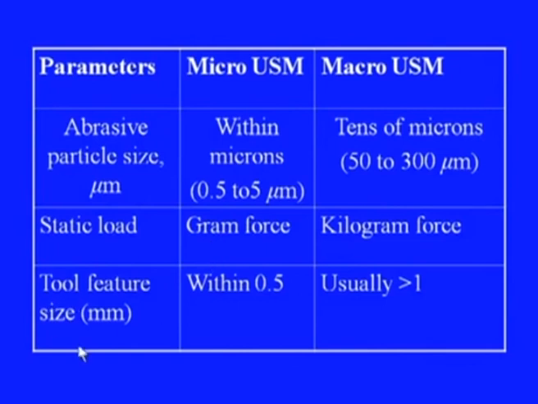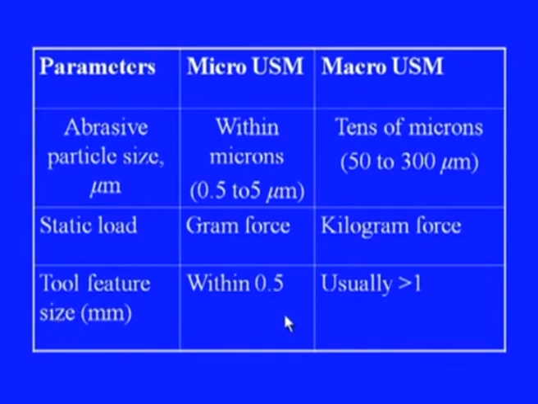Then as far as the static load is concerned, in case of micro USM it is in the gram force, whereas in the macro USM it is in the range of kilogram force. As far as the tool features are concerned, tool features are nothing but that which define the size of the tool. Let us talk about the diameter in terms of millimeter of the tool.